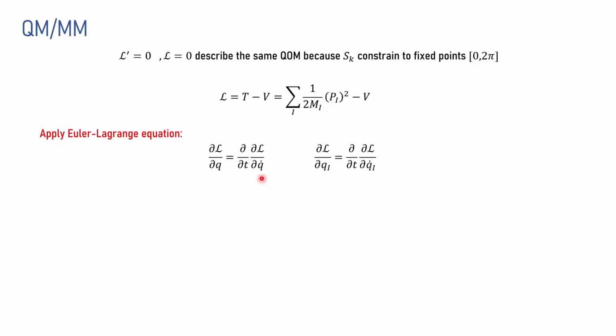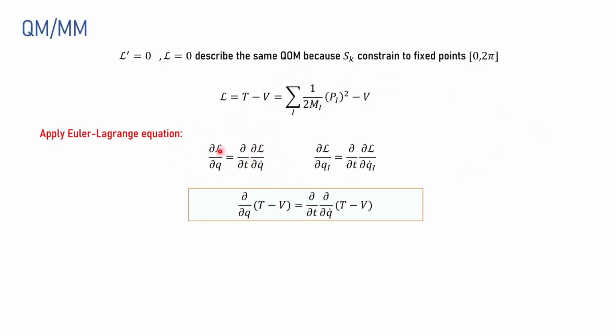In this case, we should write Qi because it depends on the nuclei or the particle we have, and we have Qi dot also. So this equation is the same as this equation, but we should add just i, but for simplicity we will just use the first one. We will not add this i.